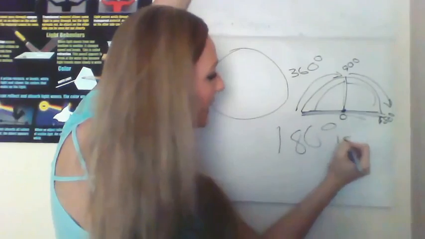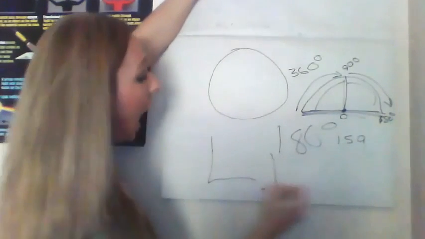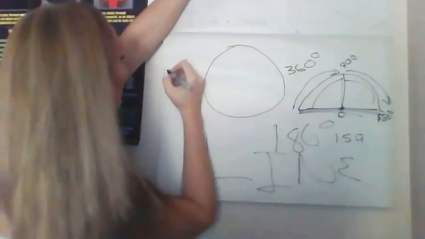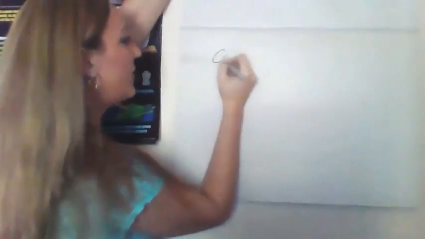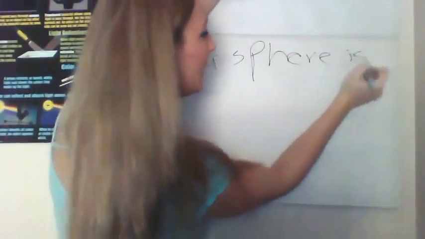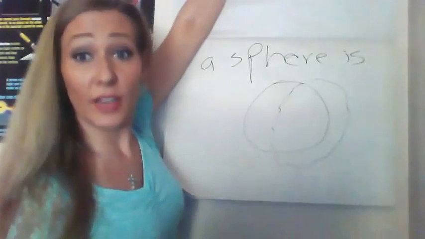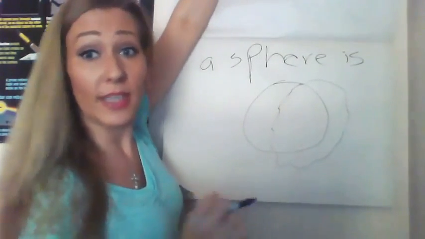180 degrees is a line. So what is a sphere? It is a circle with another circle. I have learned I am handicapped at drawing spheres.